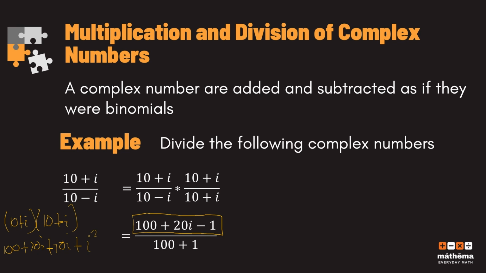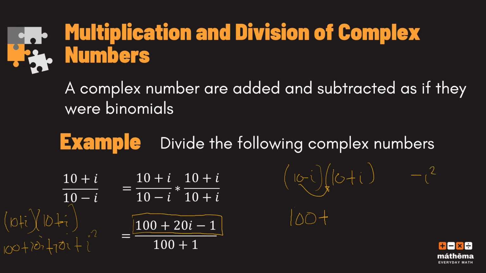Now, what about the denominator? 10 minus i times 10 plus i is the same as what we did earlier. The shortcut for this one is just to multiply the first terms, so we have 100, plus negative i times i, which is negative i squared.